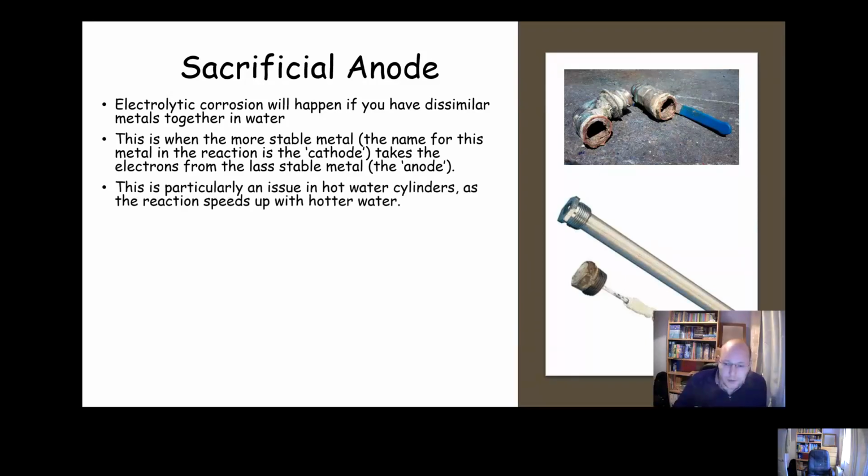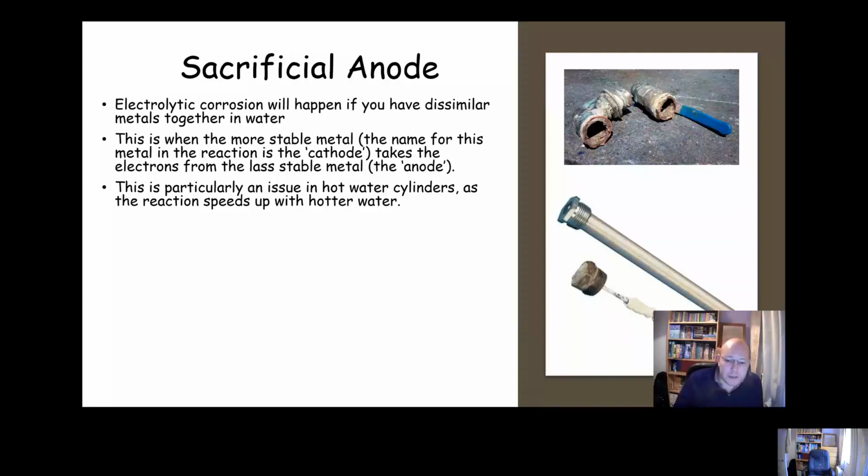Interestingly, almost any metal could be a cathode and almost any metal could be an anode. It all depends on where they are in something called the electromotive series. And the further away metals are in the electromotive series, the larger the reaction, the quicker the cathode would destroy the anode. There's other things that affect the speed of the corrosion as well.